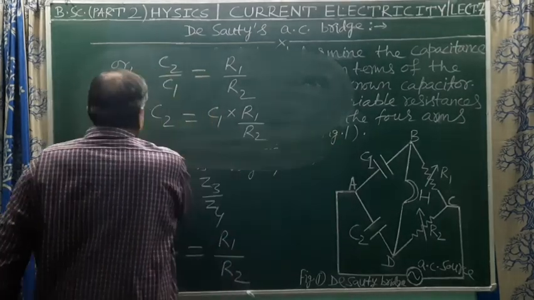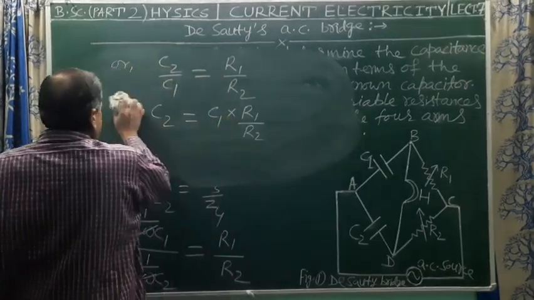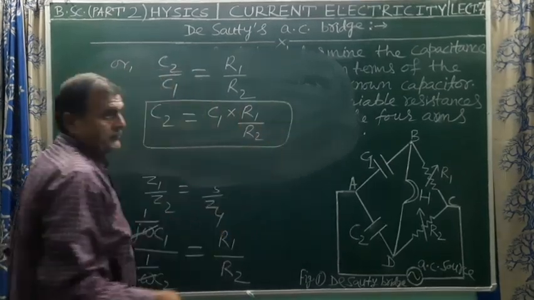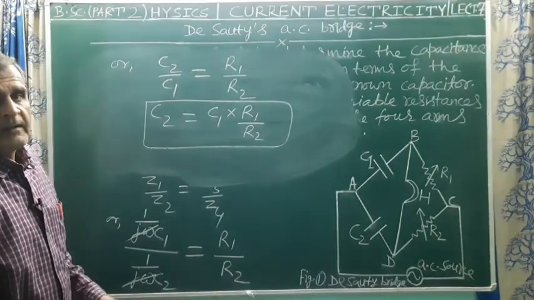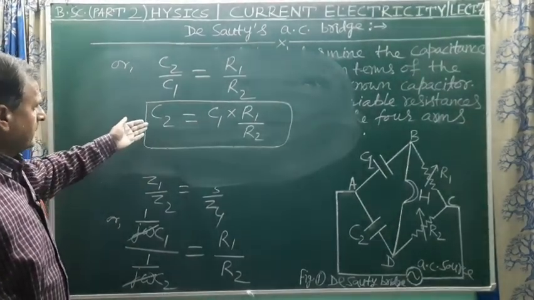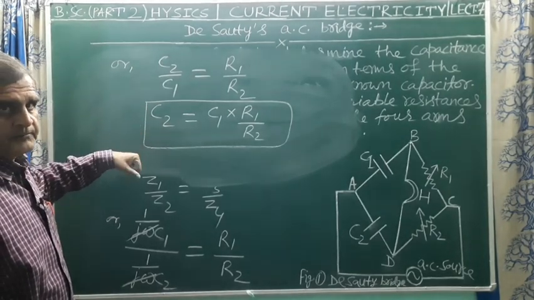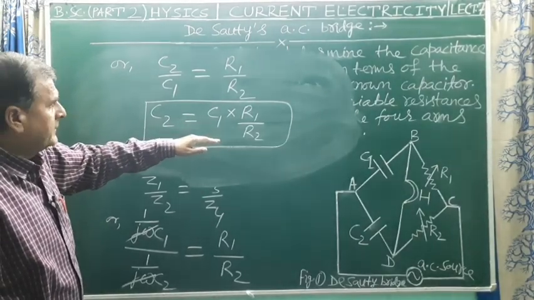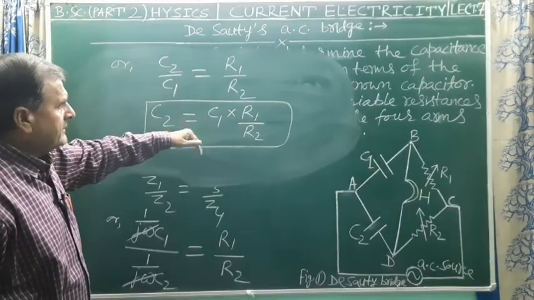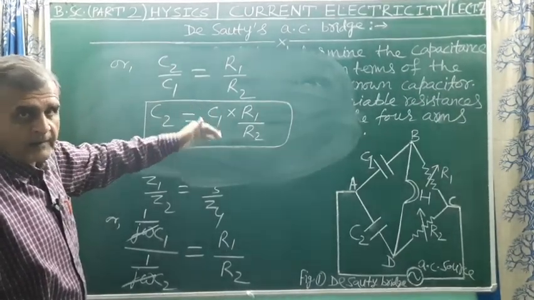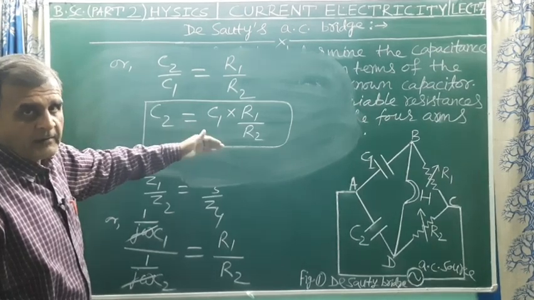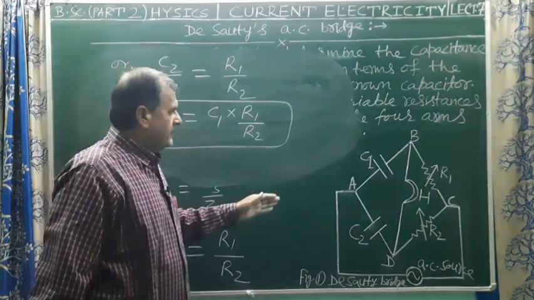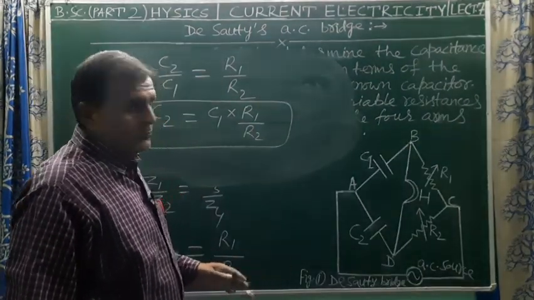And it is the final expression with the help of which we can determine the capacitance of the unknown capacitor or condenser in terms of a standard capacitor of capacitance C1 multiplied by R1 upon R2, that is, two variable resistors.